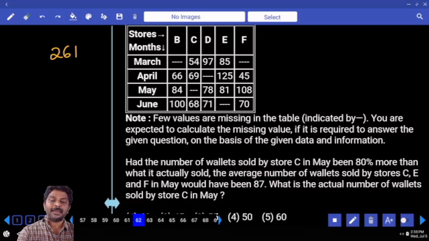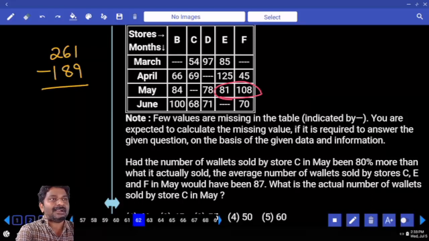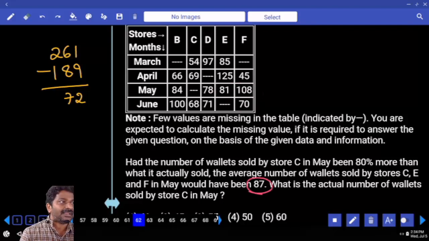Correct? May month. E and F both together 189. If you subtract 189, you will get wallets sold by store C only. Yes or no? How much is this? Subtract 200, add 11 later. 72. Yes or no? Is this your final answer? No. This is going to be the average if wallets sold by store C in the month of May had been increased by 80% of the actual.